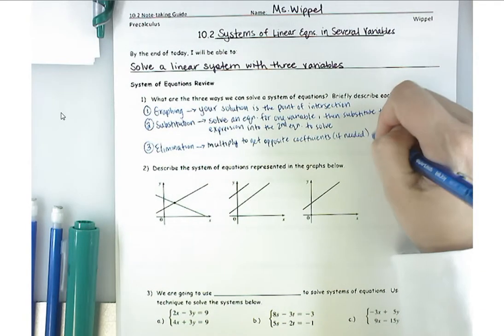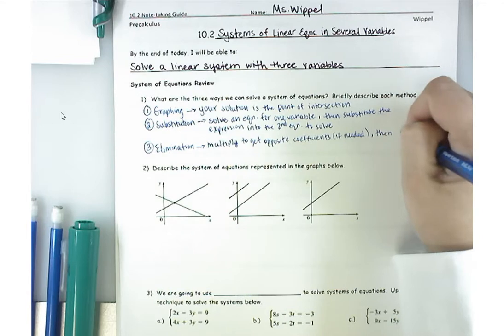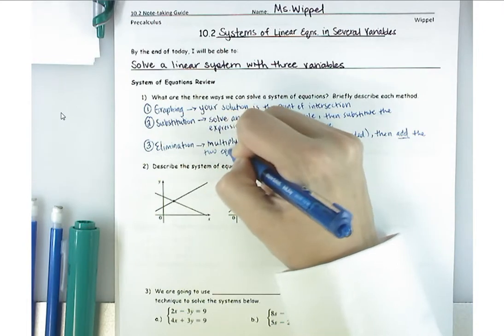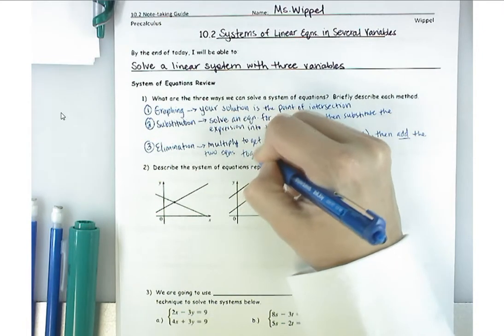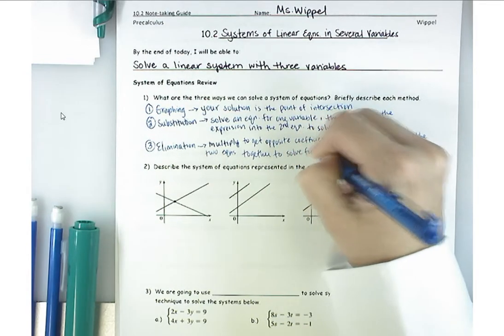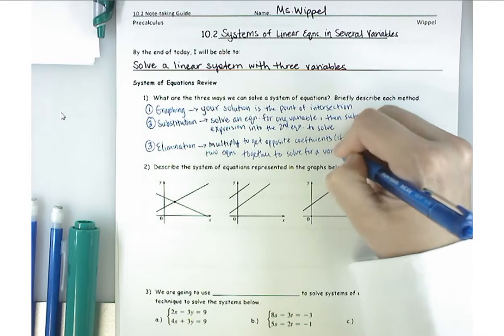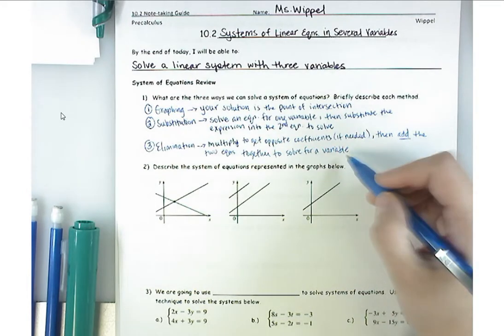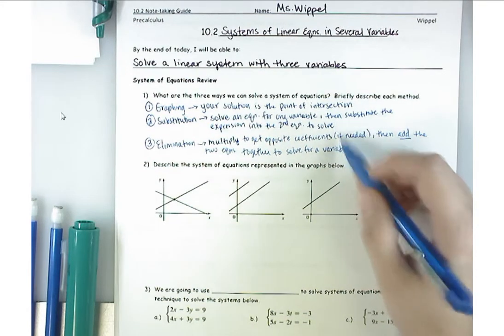Then you add the 2 equations together. When you do that, you're solving for a variable. And then how do you find the other variable? You have to plug the other one back in. Okay, so that's always your second step for both of these.